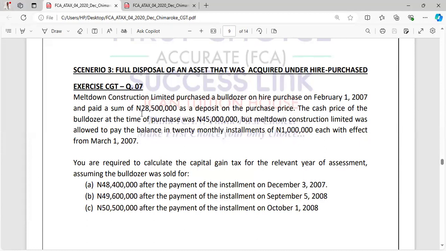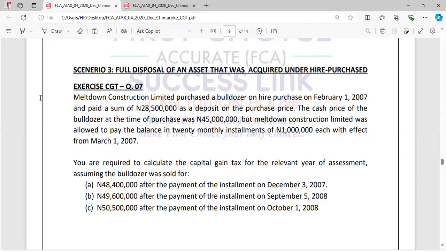Because you are not paying cash at the time of purchase, you only made a deposit. The company was allowed to pay the balance in 20 monthly installments of 1 million naira each with effect from March 1, 2007.